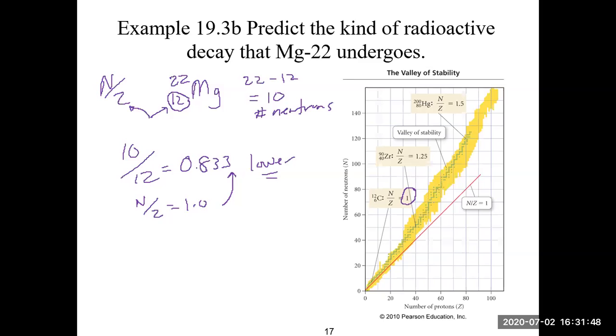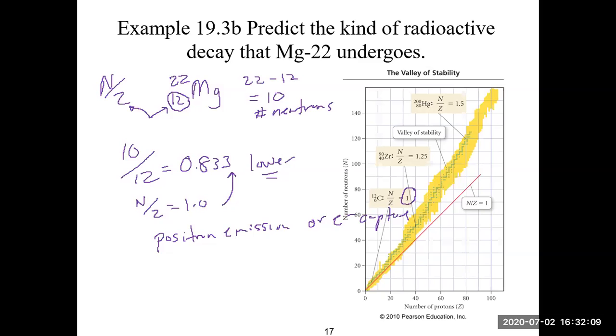And when that ratio is too low, it is going to go through one of two things. It can go through either a positron emission or an electron capture. Remember, they both end up the same spot.